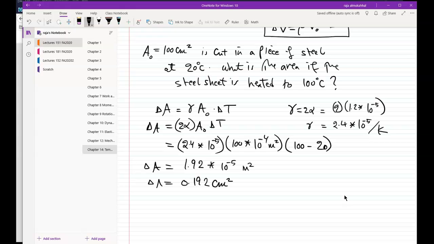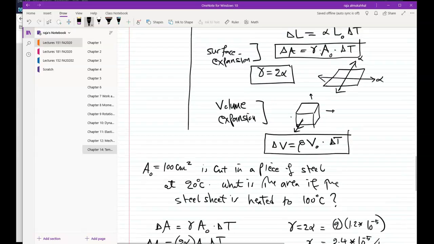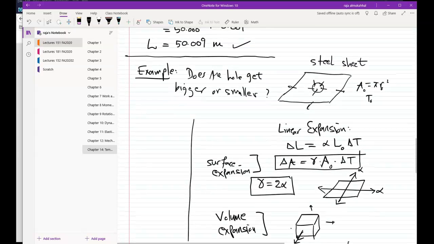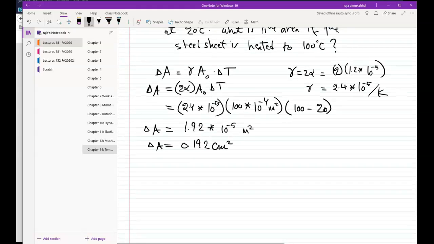Okay, there we go. Now I want to answer the question. Go back to the original question. Does the hole get bigger or smaller? Well, look at that. We have a positive delta A, so it will get bigger, actually. By how much? By this much. So the hole gets bigger.